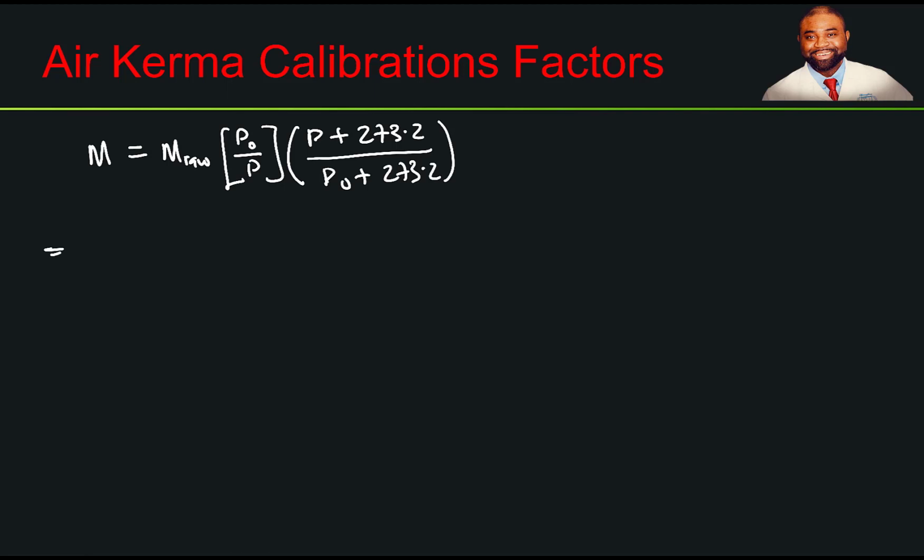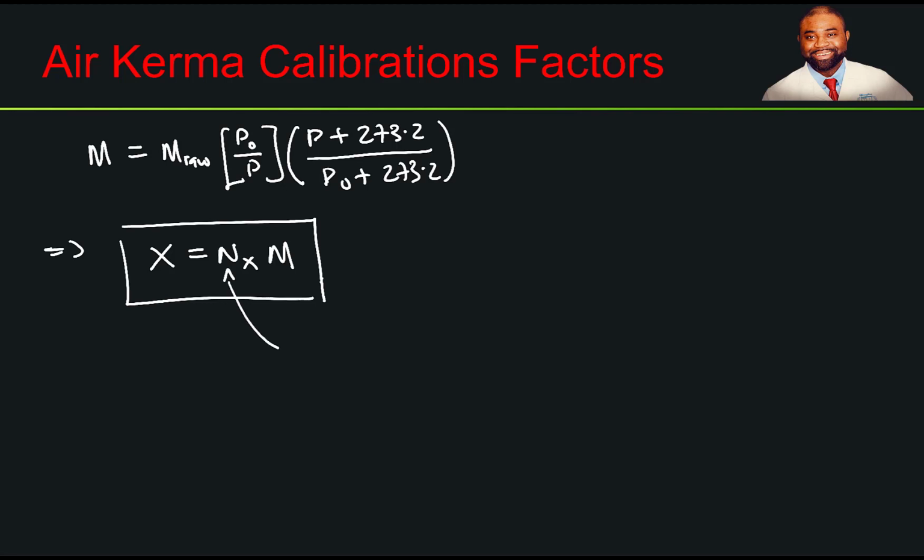This means that X is equal to N_X multiplied by the corrected meter reading. Remember, this is from NIS or ADCL or NBS, the National Bureau of Standards.